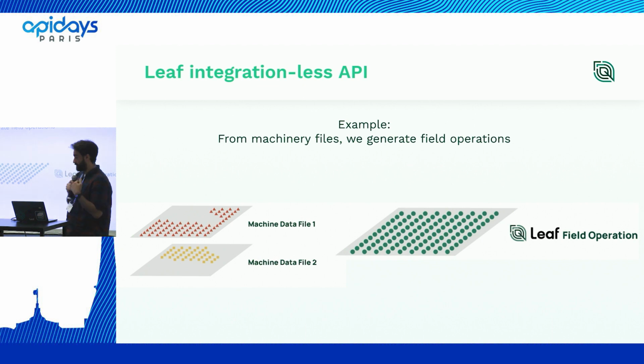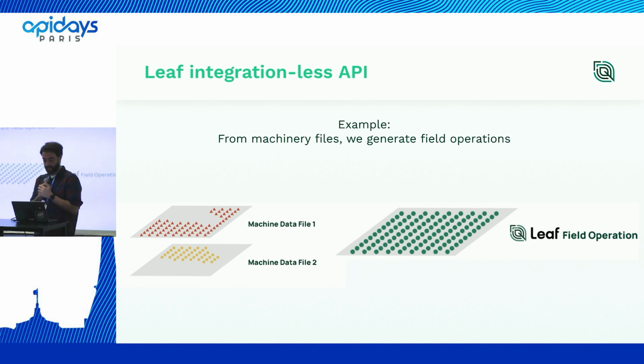One example of what happens then: if we have files coming from two different brands of tractor, one that does part of the operation in the field, and the other tractor does the other part of the field, in Leaf the farmers can access everything as if it was done by the same brand of tractor.